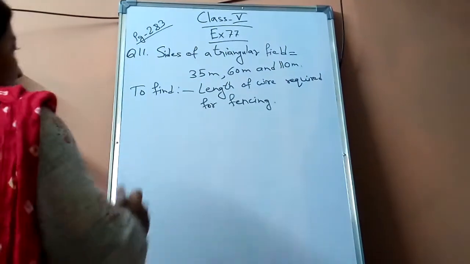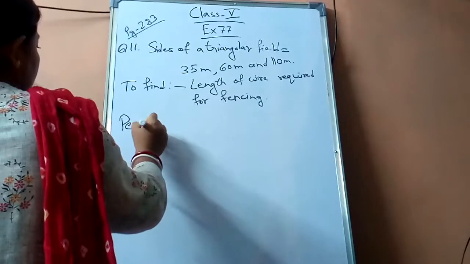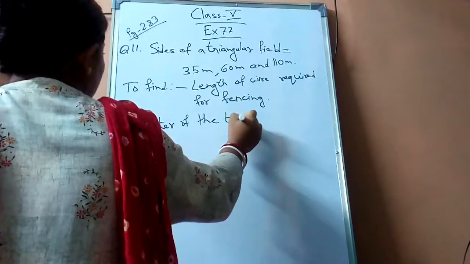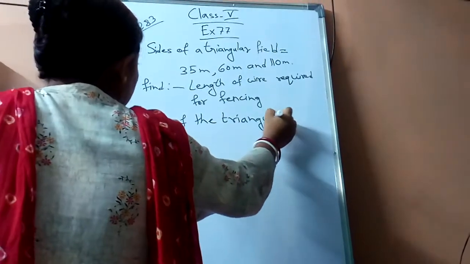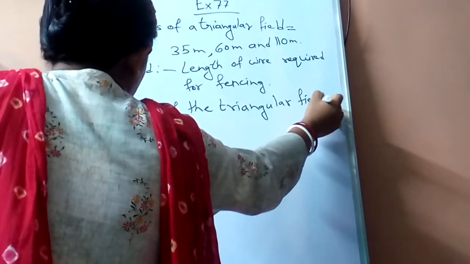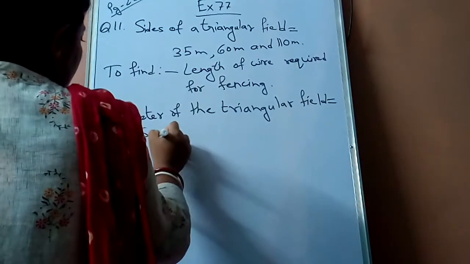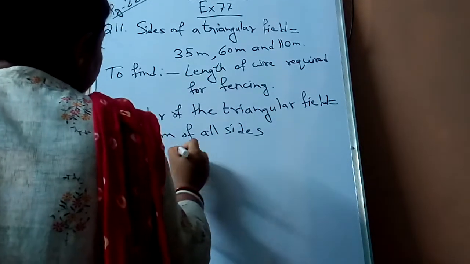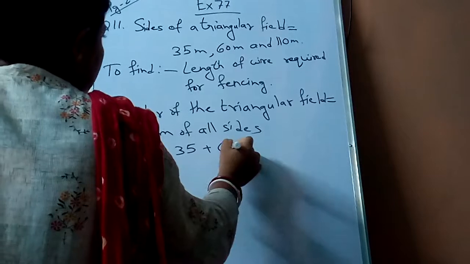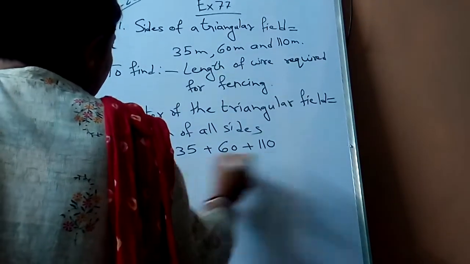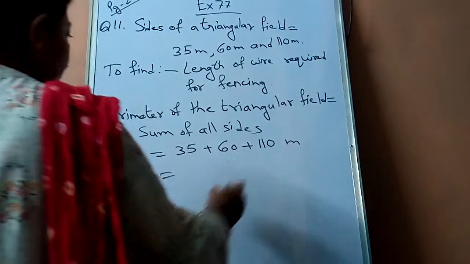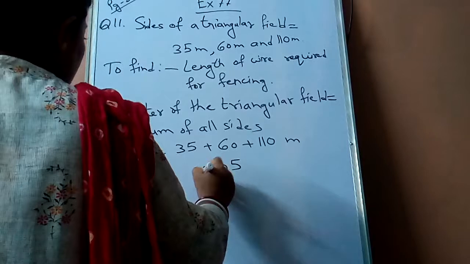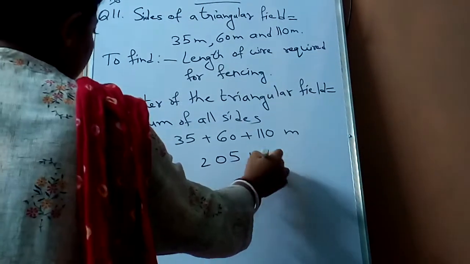So you will find first of all the perimeter of the triangular field is equal to the sum of all sides. That means 35 plus 60 plus 110 meter. So this will give you 205 meter.